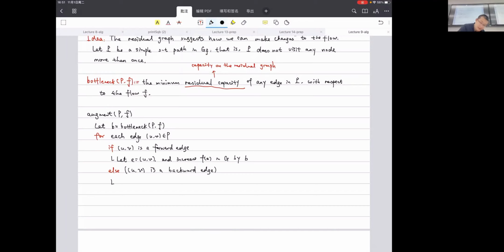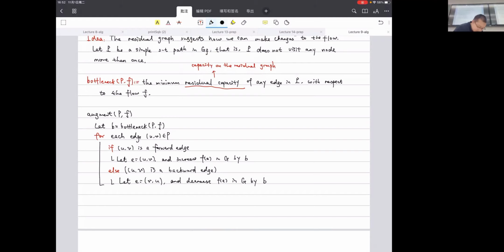In this case, we let e equal (v, u) and decrease f_e in G by B. Okay, so this is the augment algorithm that we are going to consider here. If (u, v) is a forward edge, you just let e be (u, v) and further increase f_e in G by B. I guess this is quite intuitive.